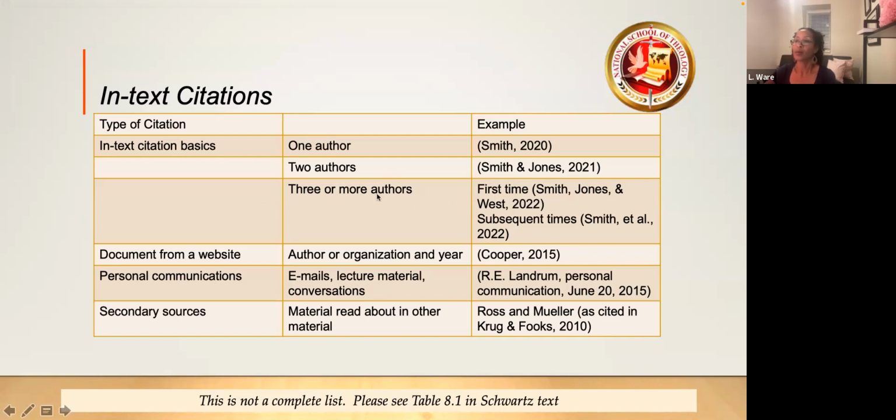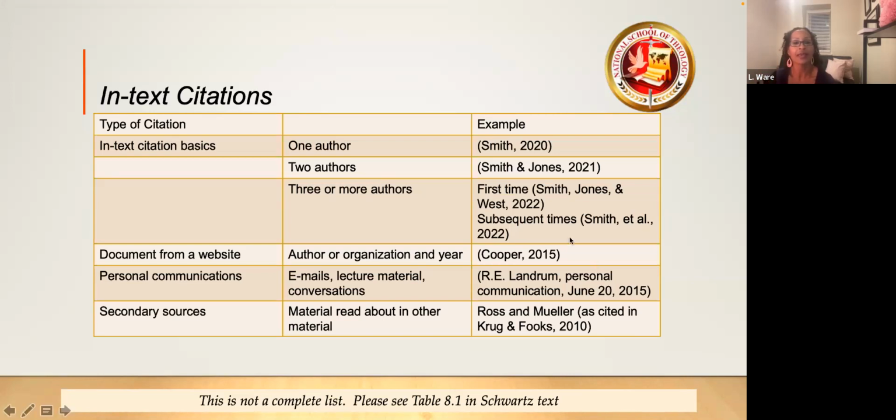Now, with three or more authors, and this may differ based on which edition of the APA format, typically the first time you mention them, you're going to list those authors and spell out each of their names and the year. I only use three in this example, but if you have three authors or more, the first time you mention them, you list all the names in your citation.